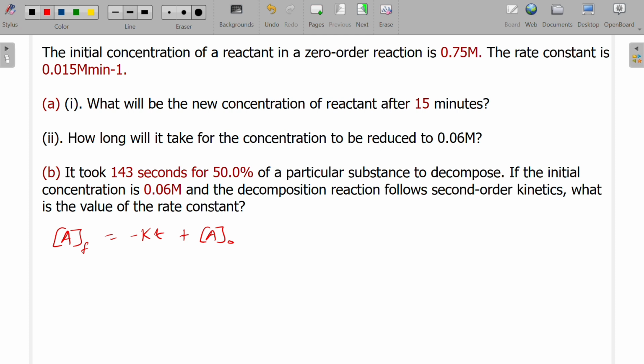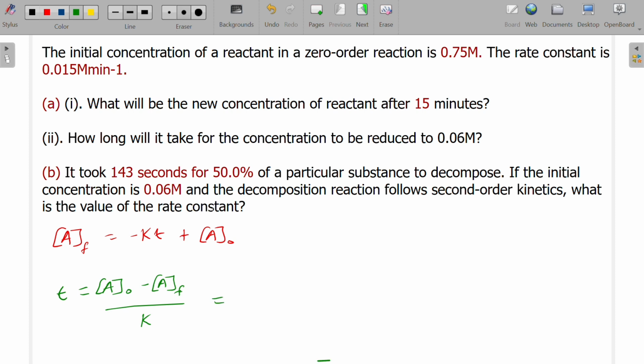If we make t the subject of the formula to find the time, t is equal to the initial concentration subtracted by the final concentration, then divided by the rate constant k.